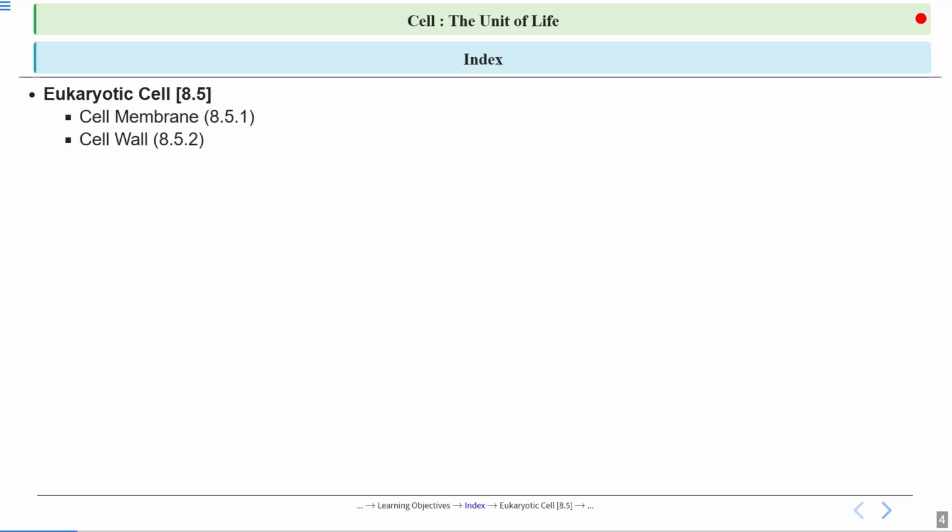Let's talk about the eukaryotic cell, which will be NCERT section 8.5. Within this topic, we'll be talking about the cell membrane and the cell wall. We will summarize this entire lecture. We'll discuss some NCERT-based questions related to these topics.